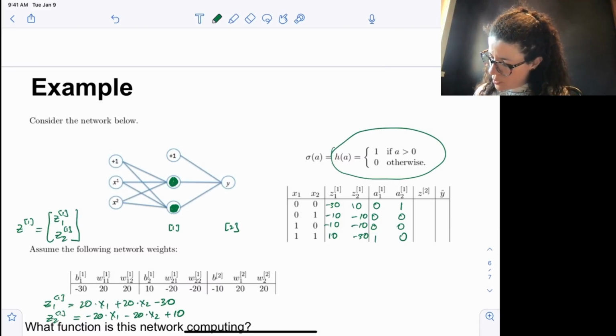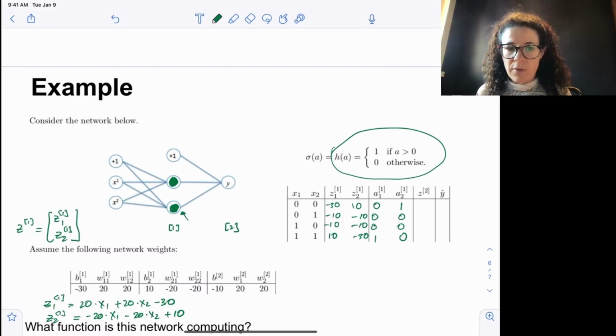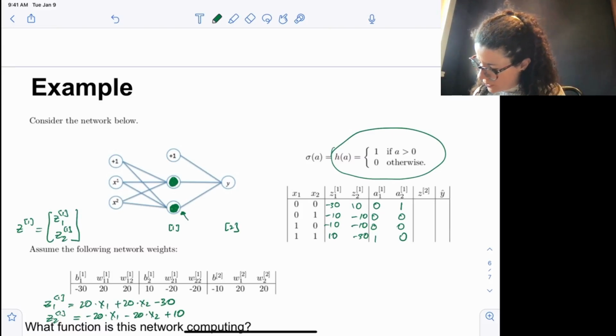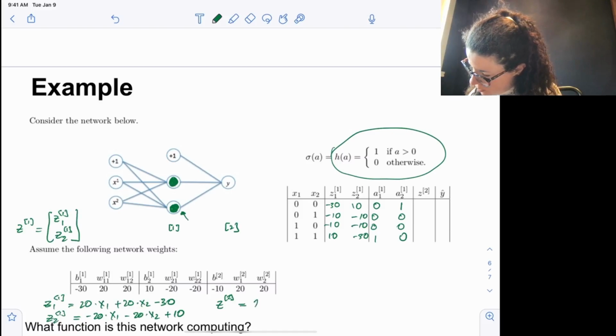Okay, now we're going to apply our second layer to the input, this input A1 and A2. So we computed this. After that we apply to that a nonlinear function, and then that's the input to our second layer. Okay, so in the second layer we have Z2, which is just one number, equal to 20 times A1,1 plus 20 times A2,1.